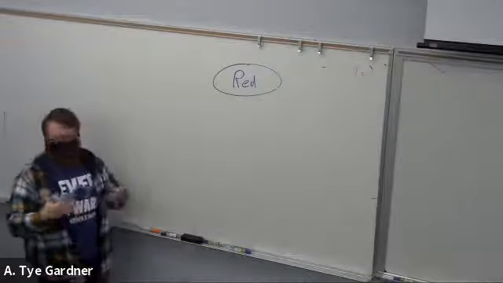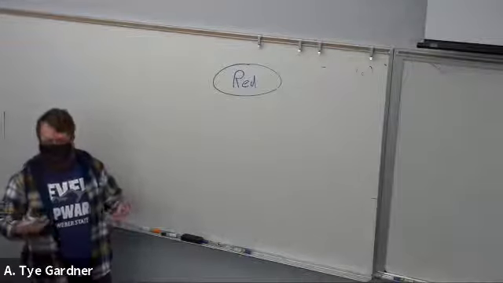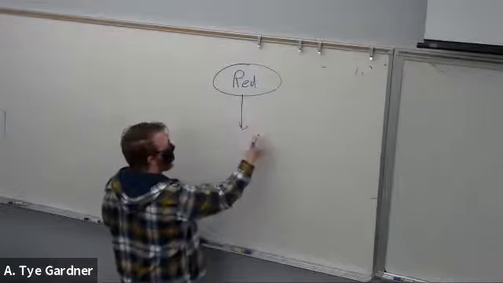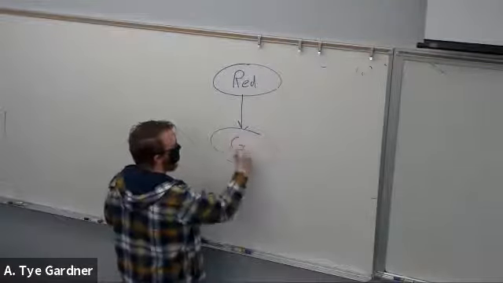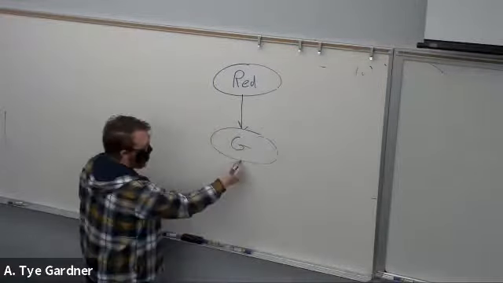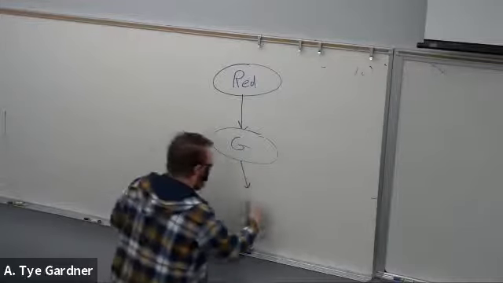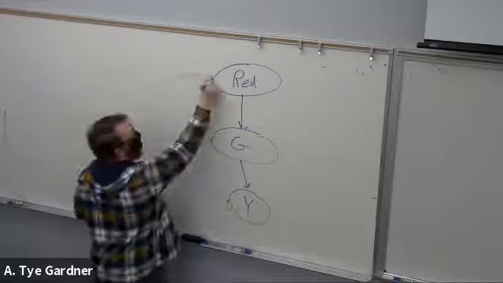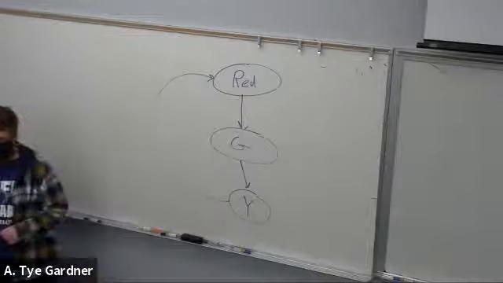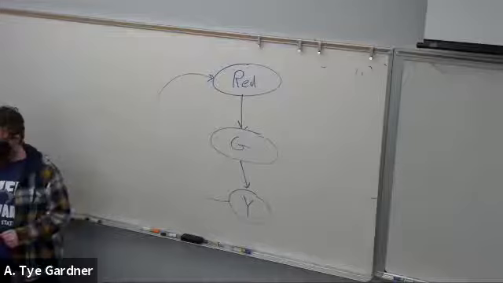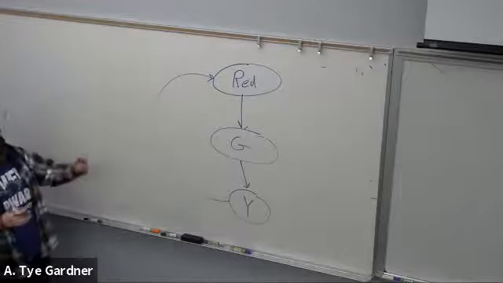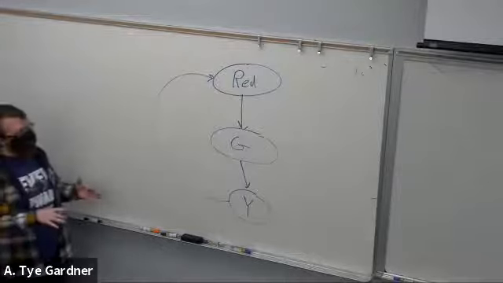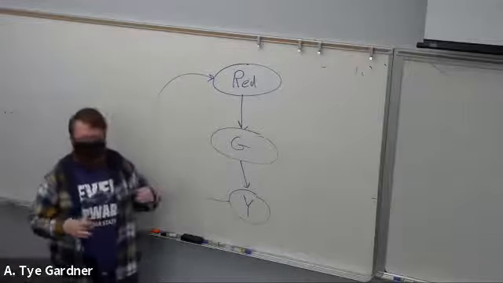Now, we want to go to green, eventually. I'm just going to write G for green. Then we're going to go to yellow. And then we go back to red, right? Those are our three states, written from the perspective of the output. And we'll get into a more traditional state machine diagram.